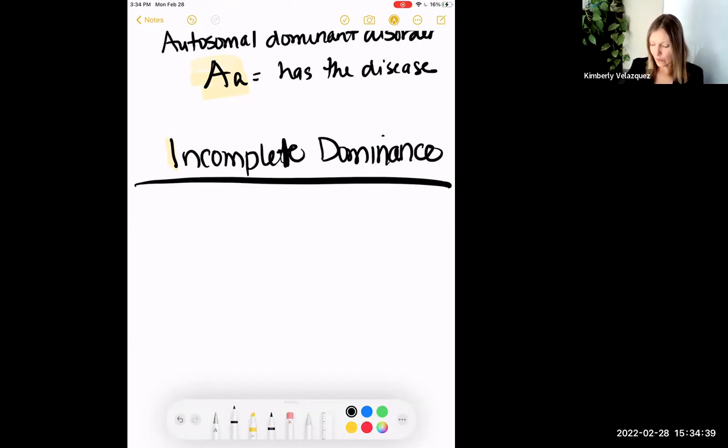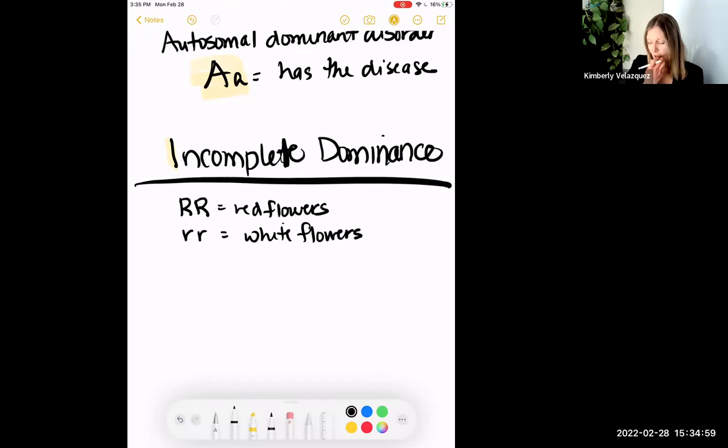Let's say that we're looking at a flowering plant, and big R gives red flowers, and little r gives white flowers. If this was complete dominance, heterozygous individuals would most likely be red. But what if I told you that big R gave pink flowers?